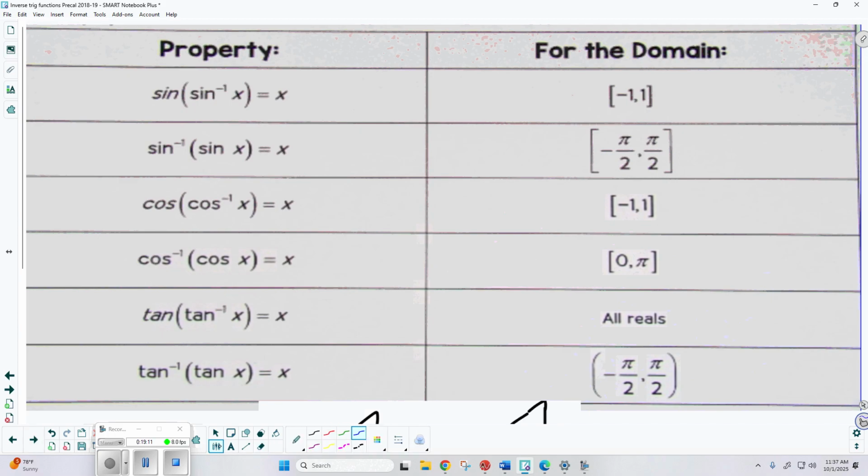Whatever you start with is going to be your answer, but only if it falls into a certain restriction. So these are very specific cases. My opinion on this is they happen so rarely, I don't think it's worth memorizing these or even looking at these. That's my personal opinion. If you want to look at those, you are more than welcome to. I would say just go ahead and solve the composition as 2 problems back to back like we've been doing. You're going to get your answer every time.